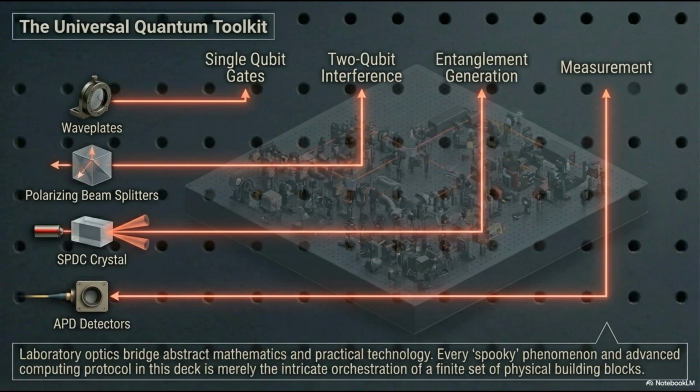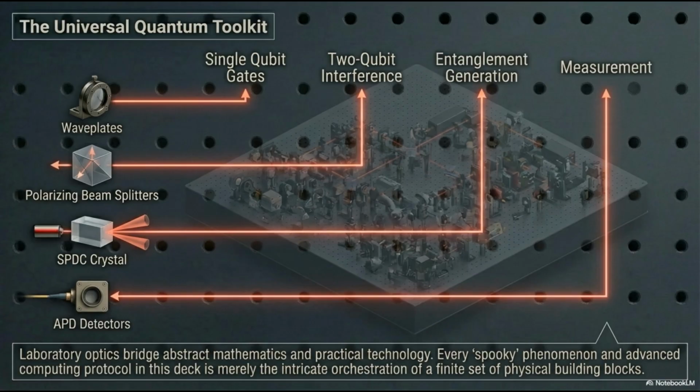The SPDC crystal generates entanglement on demand by producing polarization-correlated Bell pairs from a pump laser through spontaneous parametric downconversion. Avalanche photodiode detectors provide the measurement capability that collapses quantum states, registers single photon events, and enables coincidence-based correlation experiments through the TC-SBC electronics.